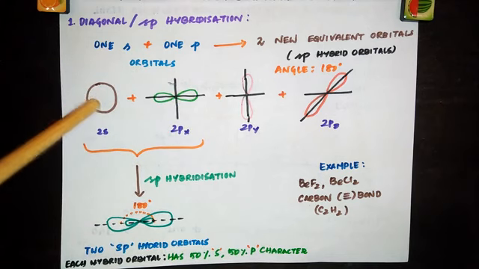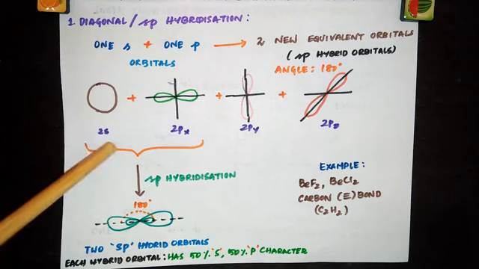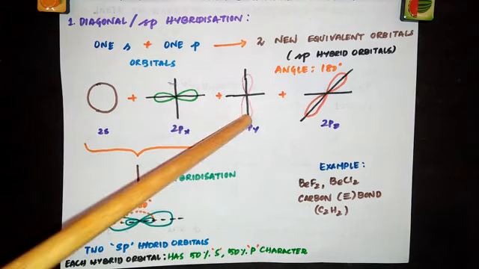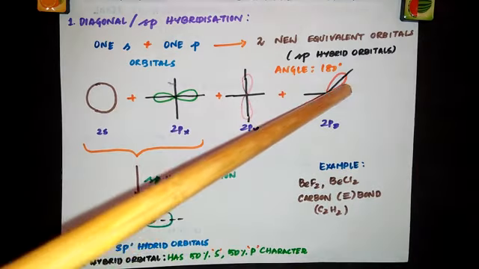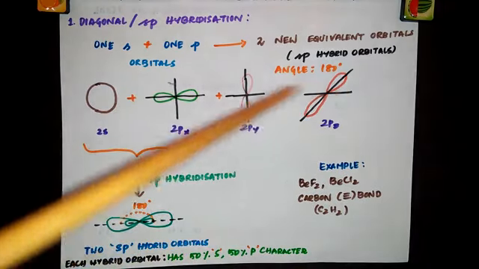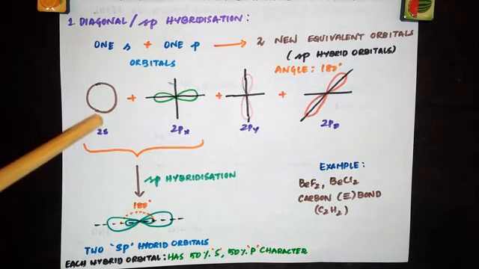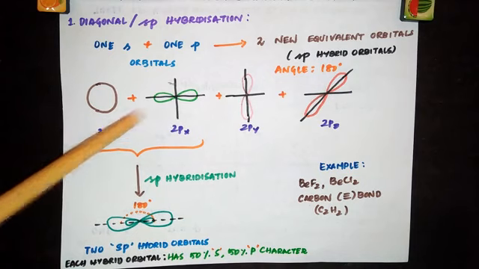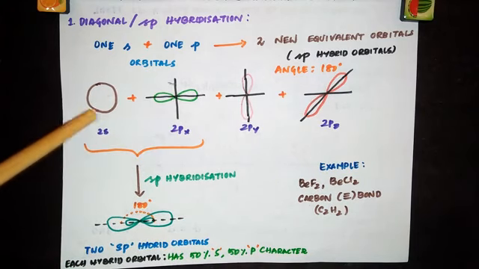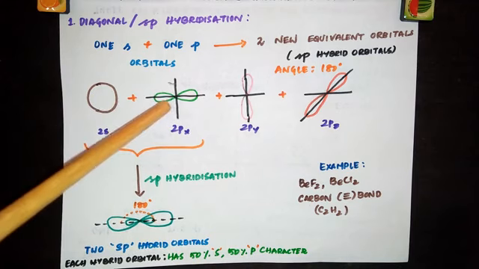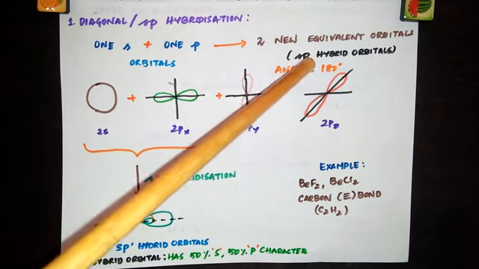So see, we are taking carbon as an example again. So we have 2s, 2px, 2py and 2pz. Of all the 3 p orbitals, the mixing is going to take place between 2s and 2px. They are going to mix together, which means they are undergoing hybridization to give you sp hybrid orbitals.